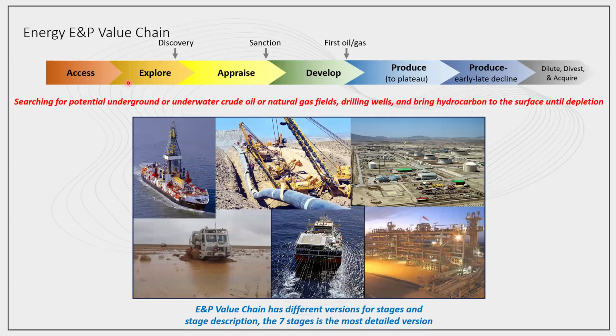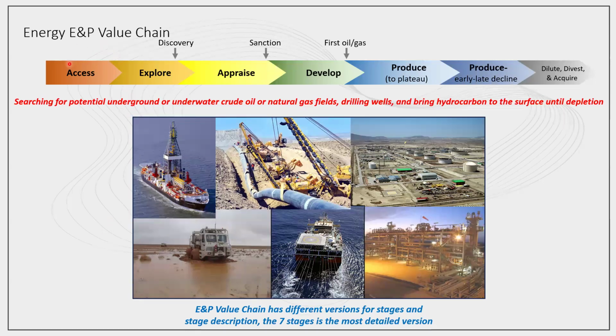The whole value chain is about searching for the potential underground or underwater crude oil or natural gas, drilling the well, and bringing that hydrocarbon, or the finding, to the surface until the depletion.